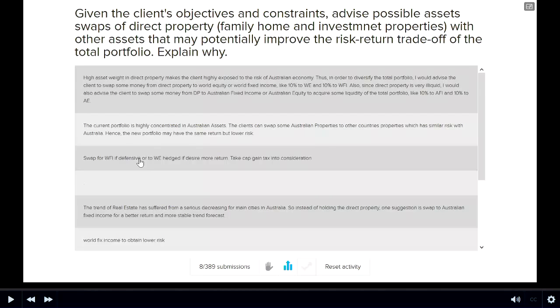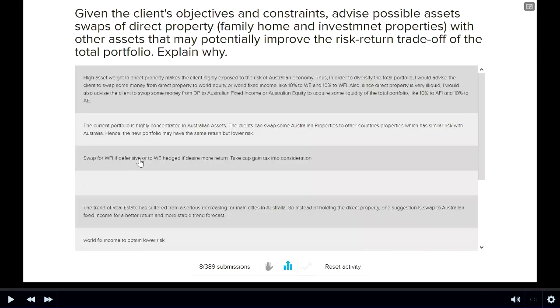You advise me to invest in inflation-linked bonds, diversify away from direct property. But I'm going to be left wondering, why? Why would I benefit investing in inflation-linked bonds instead of Australian direct property? And in what way can my risk-return trade-off be improved?